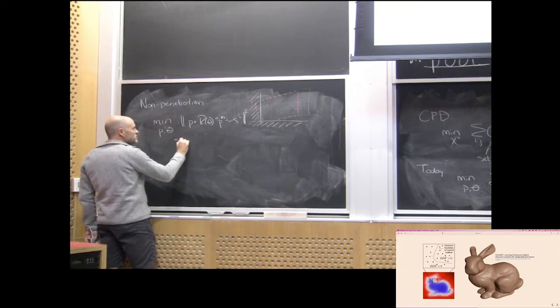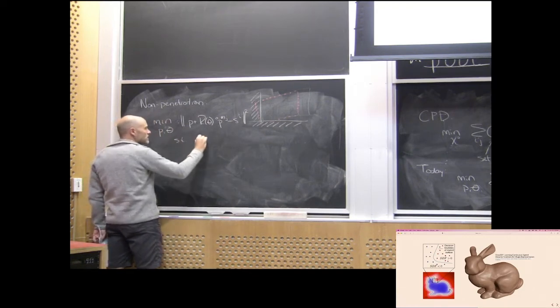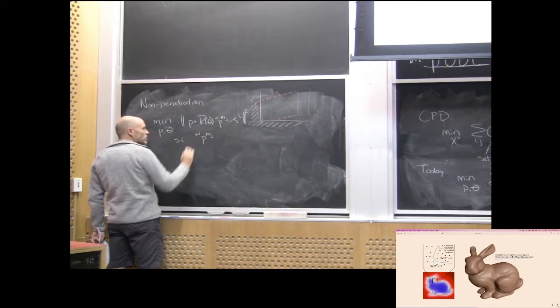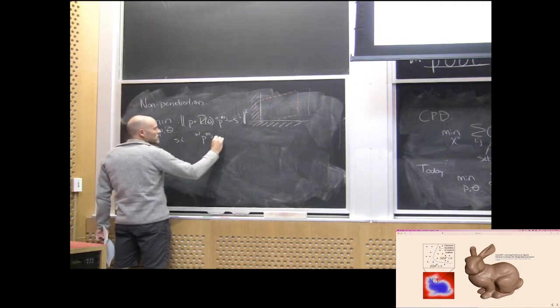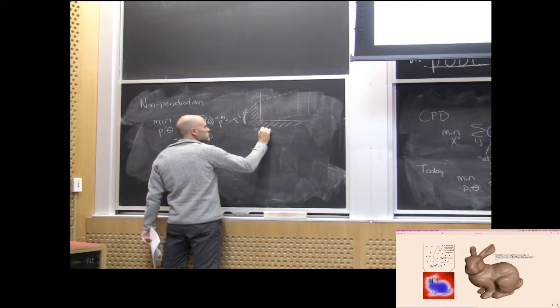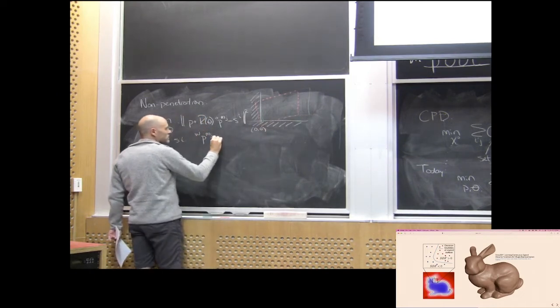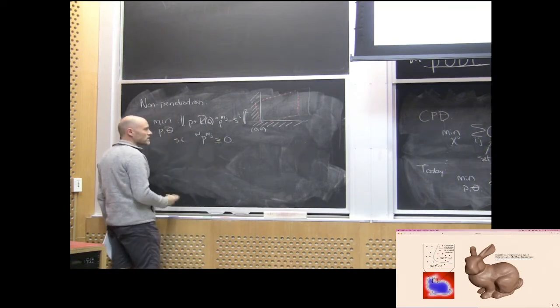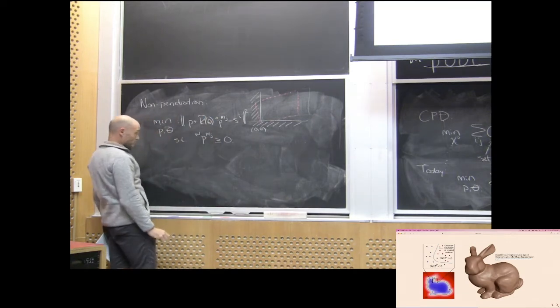But let's say I'm going to subject it to the constraint that all of the model points, once they're transformed into world coordinates, are, let's say the origin is 0, 0 here, greater than 0. So the x component is greater than 0, and the y component is greater than 0.